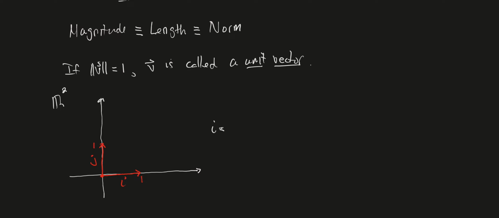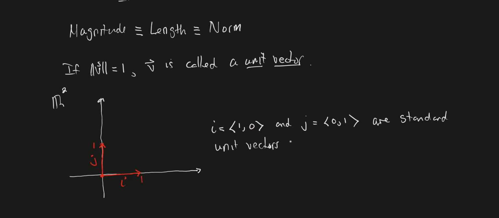So I would be the vector 1, 0, and J is the vector 0, 1. So these two vectors are called our standard unit vectors in R2, right? And now why are they important?